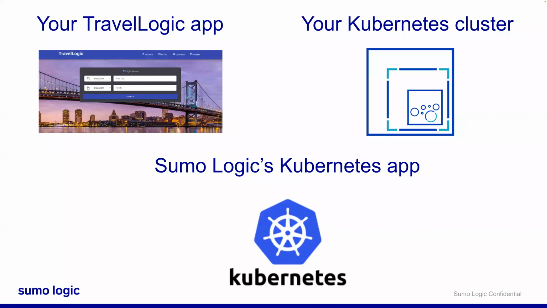We have the Kubernetes cluster on the top right, where the Travelogic app is broken down into those microservices. And that's the Kubernetes cluster that your company manages. And now there's the Sumo Logic Kubernetes app, which is once again going to let you gain insight from all the data that's been generated by your Kubernetes cluster and the Travelogic app in one view.